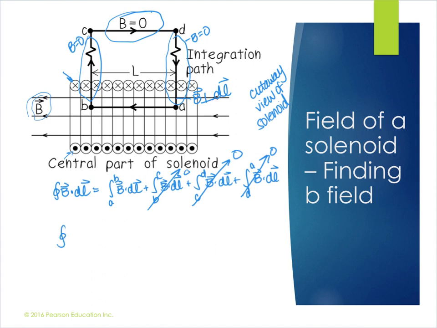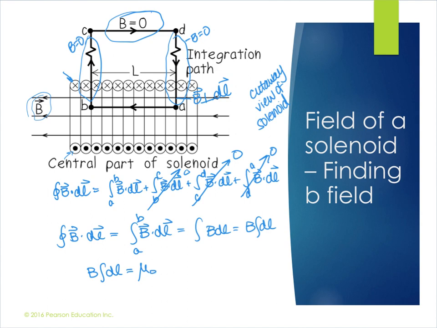So the entire path has been broken down into just one little piece of B dot dl when we go from A to B. The magnetic field's going to be constant there and parallel to the path. And so we get that. So right now I have B times dl is equal to mu naught.